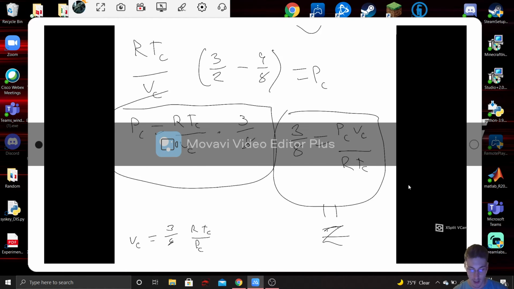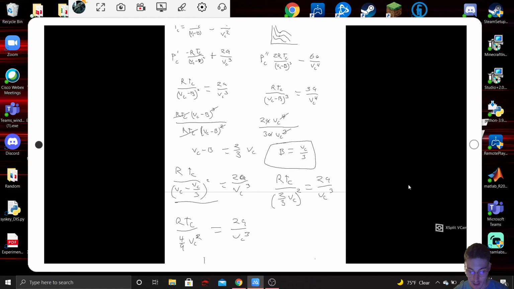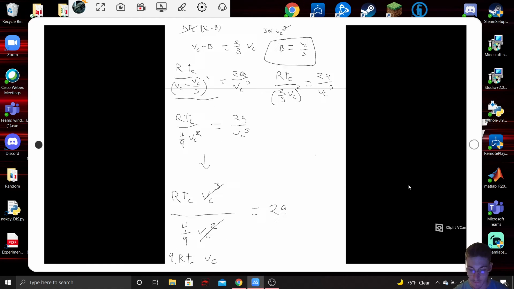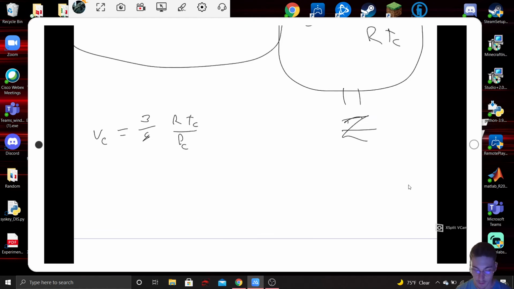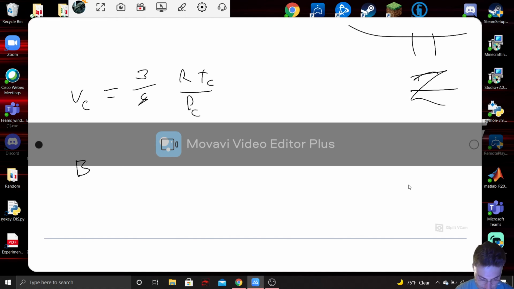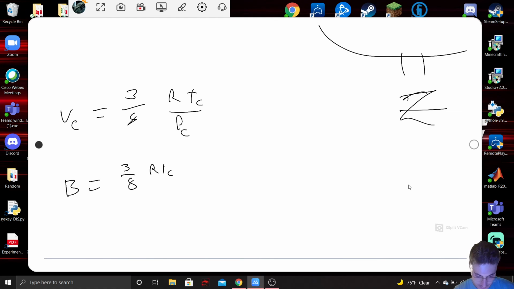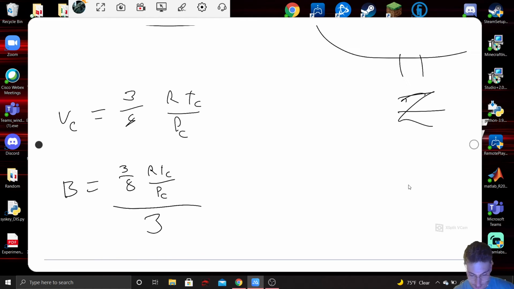And then if we look back up here with our B value, now that we solved for VC, we can just plug that in and find our actual B value. So if we do that, our B is equal to 3/8 RTC over PC, and then that was over 3 if we look back above.